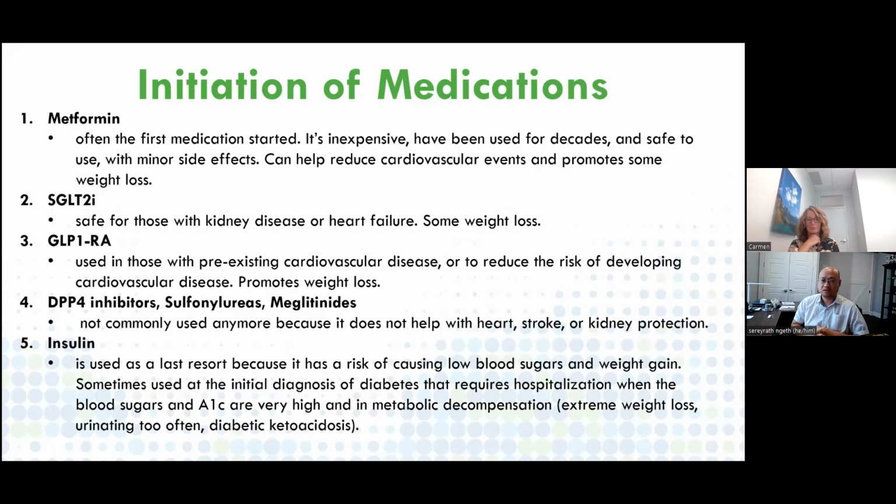Sometimes, however, it's used at the initial diagnosis of diabetes, especially those that require hospitalization, especially when the blood sugars are very high or the A1C is very high, and they're coming in with what we call metabolic decompensation. So in those individuals, they have extreme weight loss, they're urinating often, and in certain cases, they've developed diabetic ketoacidosis.